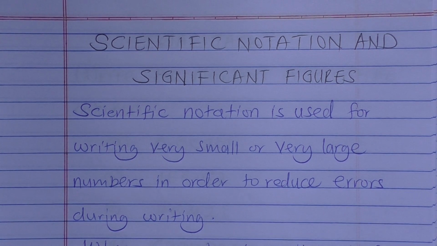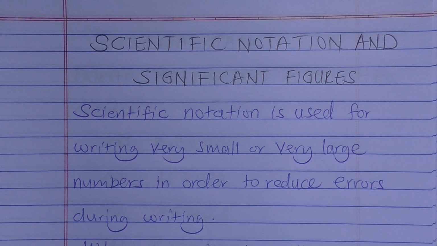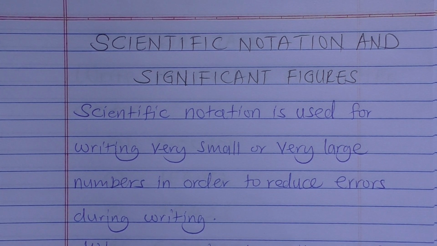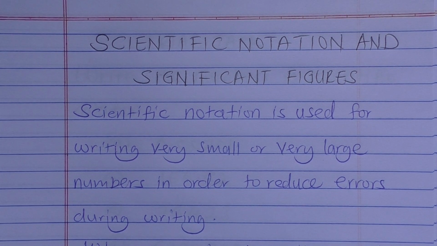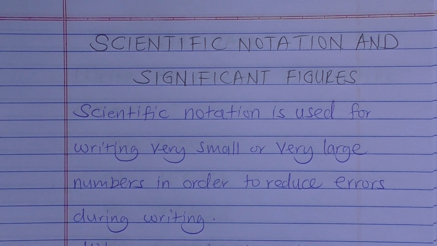In today's lesson, we shall be looking at scientific notation and significant figures. Scientific notation is used for writing very small or very large numbers in order to reduce errors during the writing.